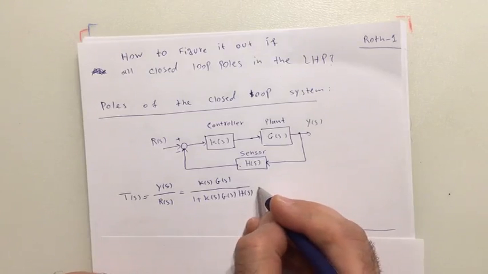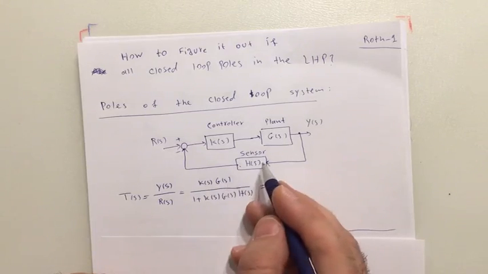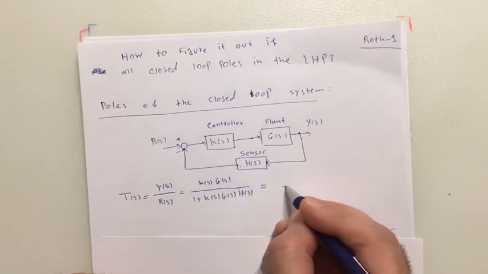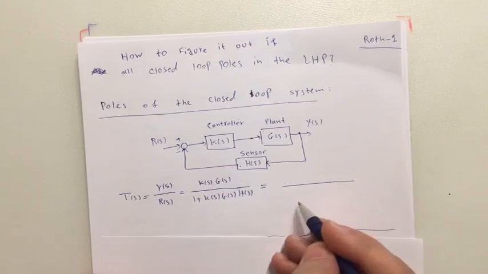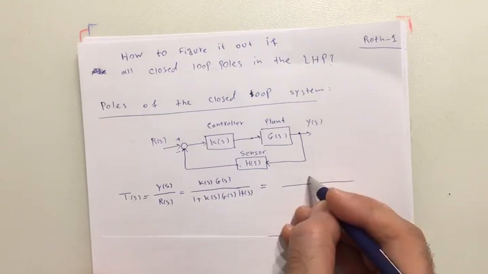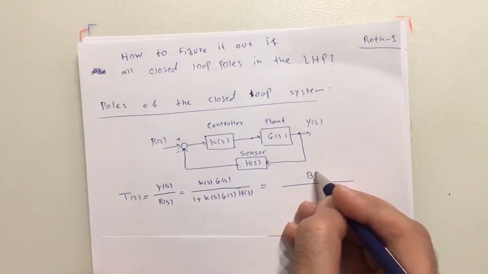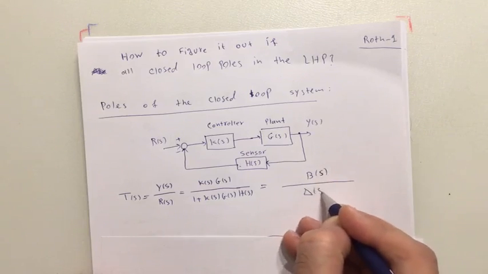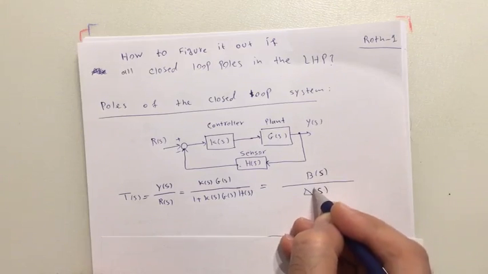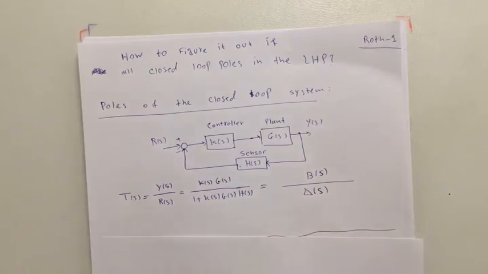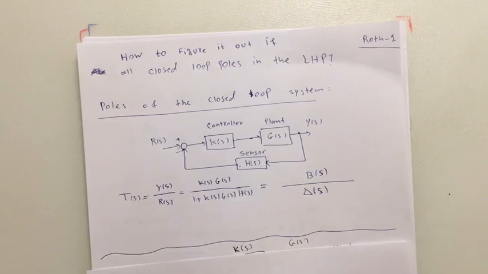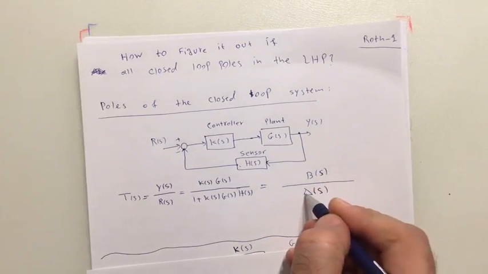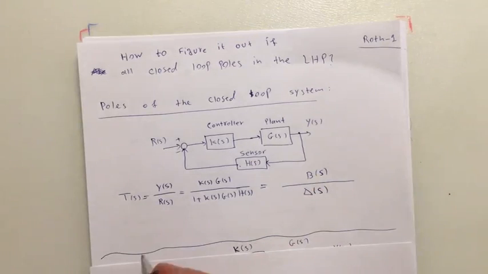If we multiply these functions out, at the end we will have a fraction of two polynomials. If I show the polynomial in the numerator with b of s and the polynomial in the denominator with delta of s, which is how we usually denote the denominator polynomial, these are both polynomials.